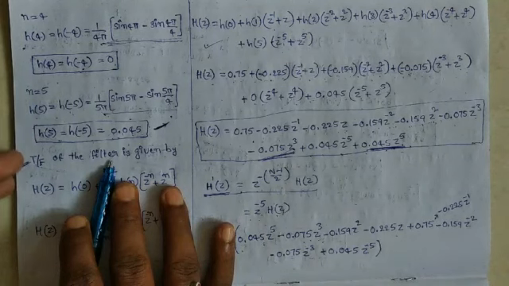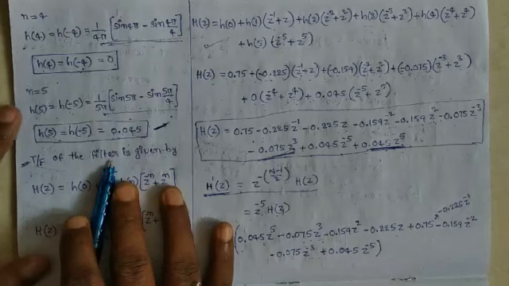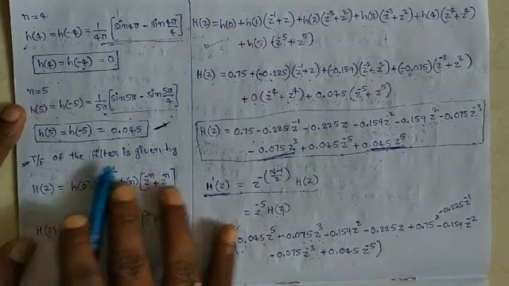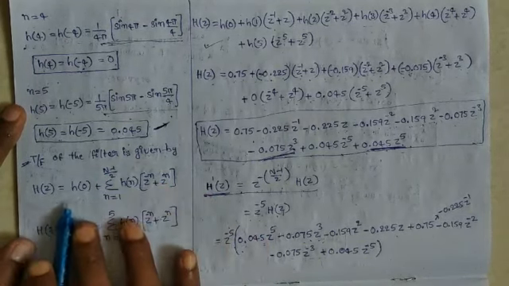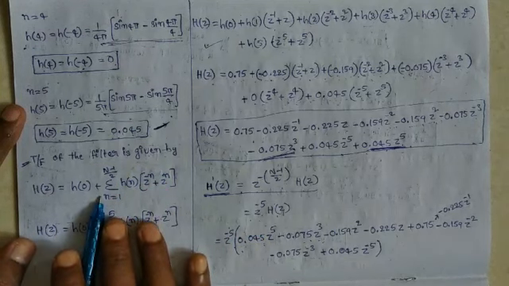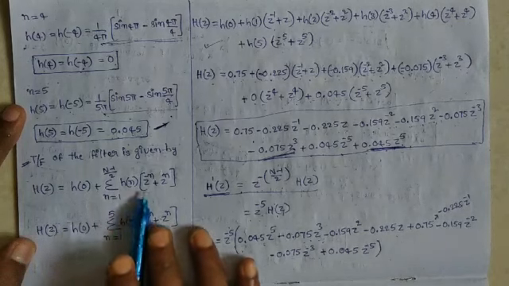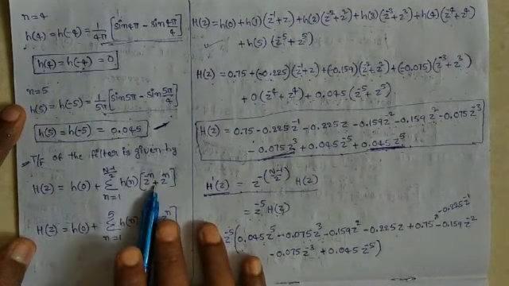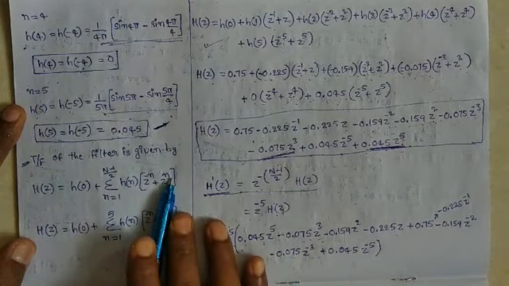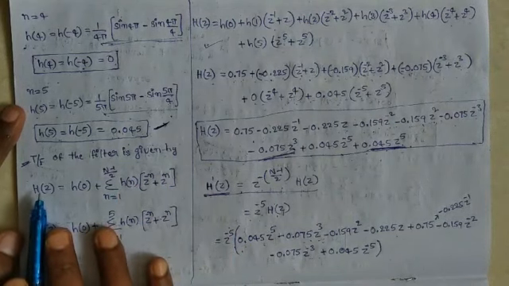Now we are determining the transfer function of that filter. How to determine the transfer function of the filter? H of z is equal to h of 0 plus summation n is equal to 1 to capital N minus 1 by 2 of h of n into (z power minus n plus z power n). This is the third step.